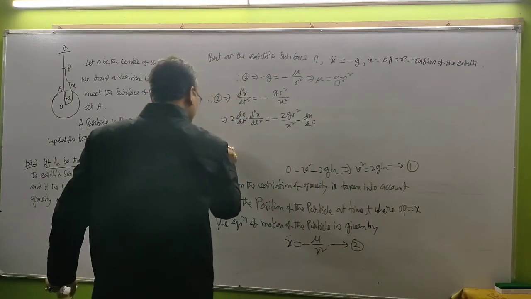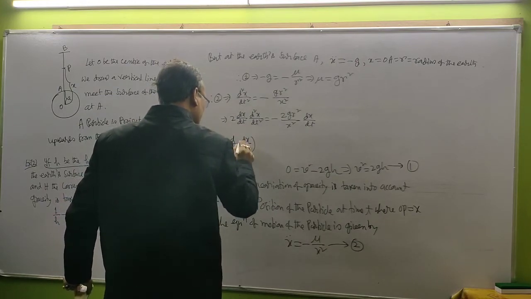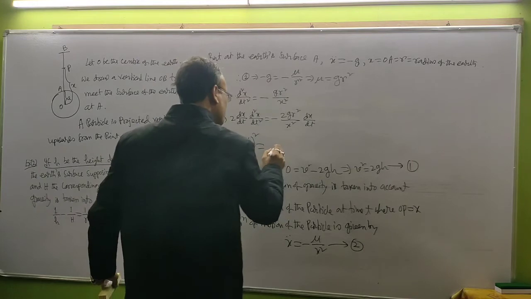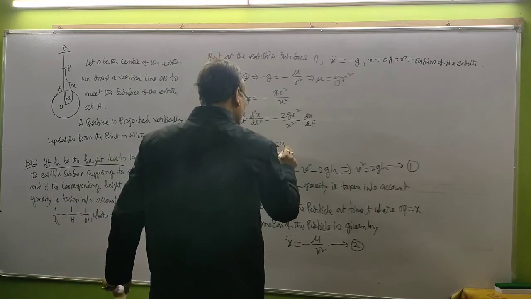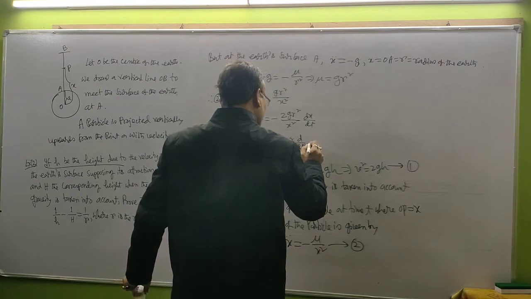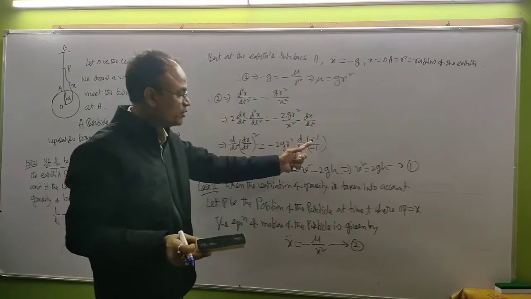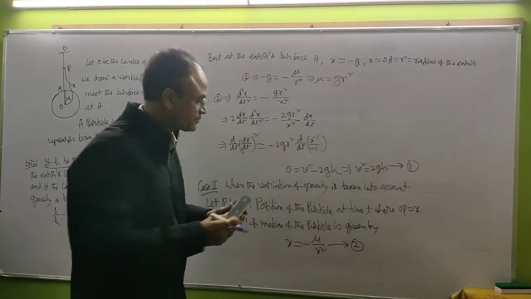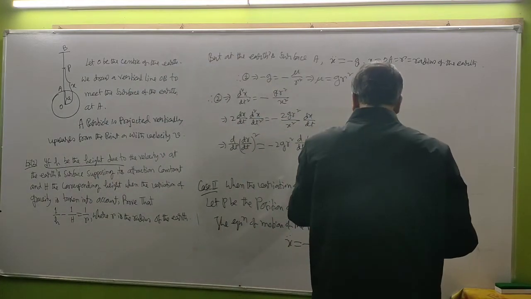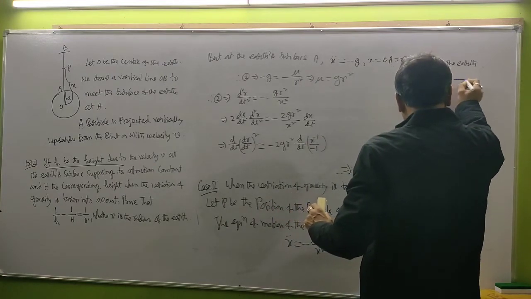This means d by dt of (dx by dt) whole square equals minus twice g r square d by dt of x to the power minus 1 by minus 1. You may write it like this, because if you differentiate this, you will get this one. Number 1, I am writing here, v square is equal to twice gh. It is number 1.